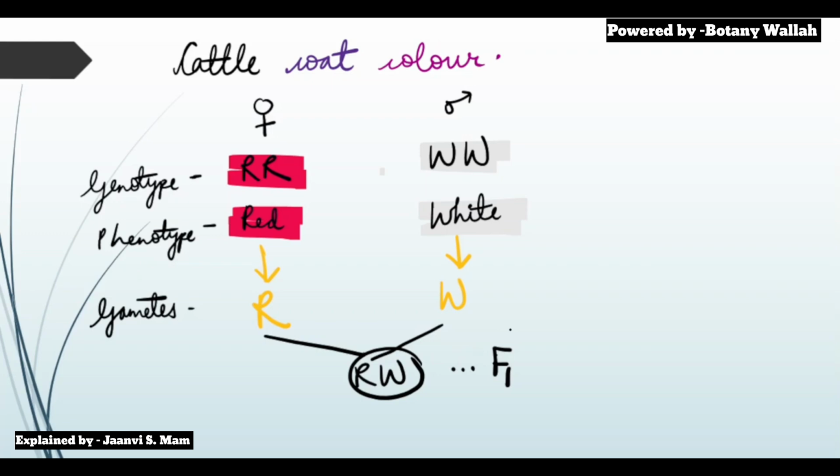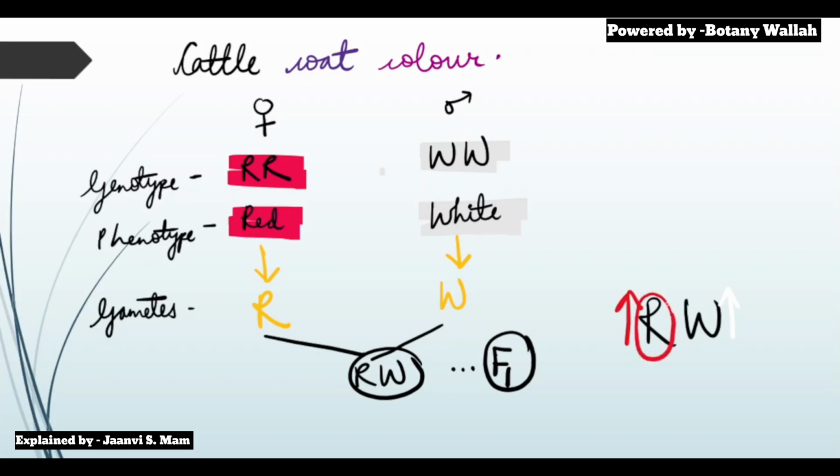And this F1, what actually is happening here? So we have capital R and capital W. The capital R is giving its own expression and the W is giving its own expression. Both are giving their own expression.